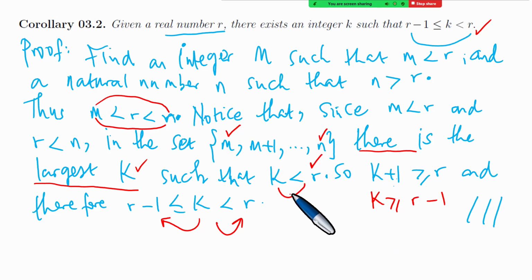Okay, so k plus 1 is bigger or equal to r, because k is the largest one that is smaller than r.